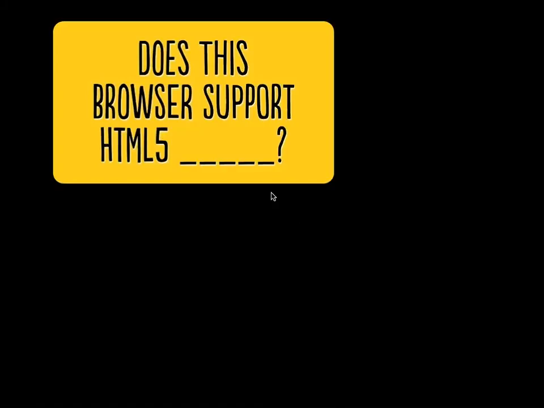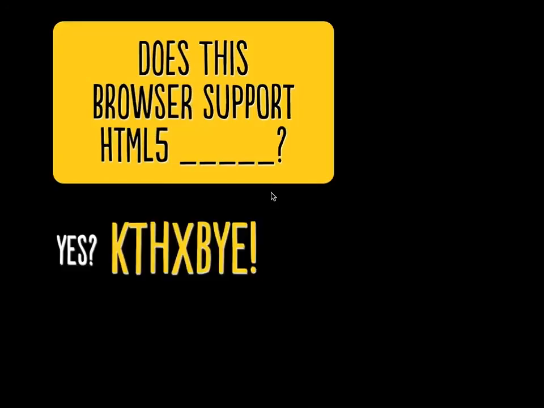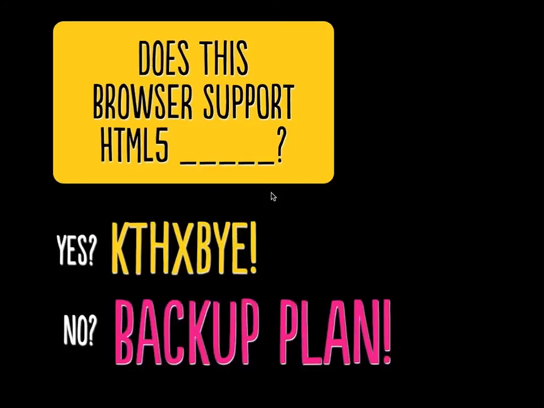And if that user's browser supports it, if the answer is yes, then your page has to say, okay, cool, that color picker is all yours, fantastic, thank you very much. But if it doesn't support it, if the user's on a version of IE6 or IE7 or IE8 or IE9, then you've got to step in with a backup plan.